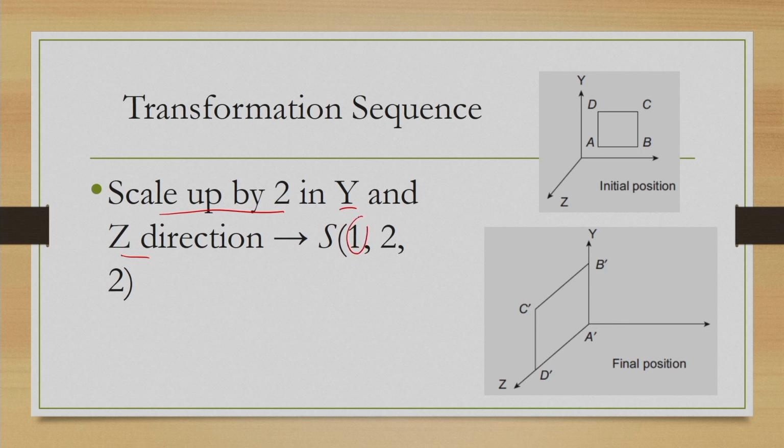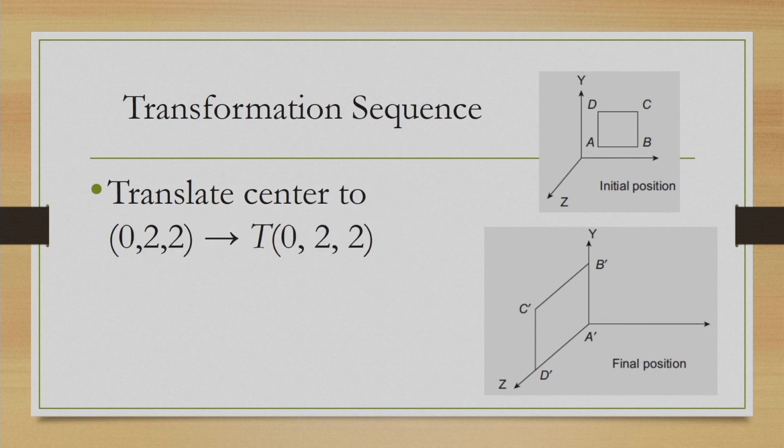So, x direction will have a scaling factor 1, there is no change, and z and y direction will have scaling factor 2, the size will double. And then we translate the center to the new object center using the translation matrix.